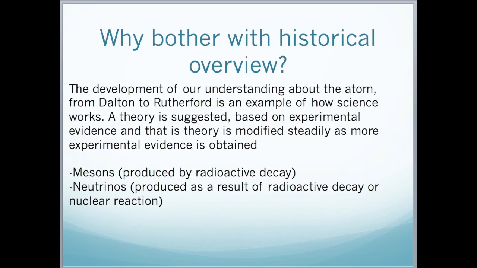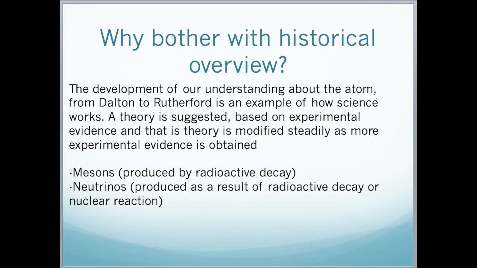So you might say, why do we bother with this historical overview? Well, the development of the understanding of the atom from Dalton to Rutherford and beyond is an example of how science works. A theory is first suggested, which is based on experimental evidence, and then that theory is modified steadily as more evidence is obtained.